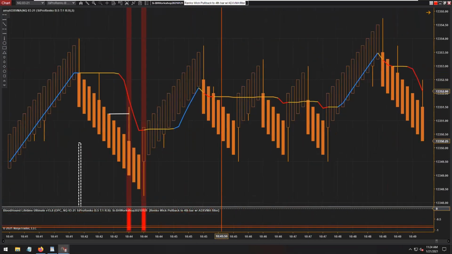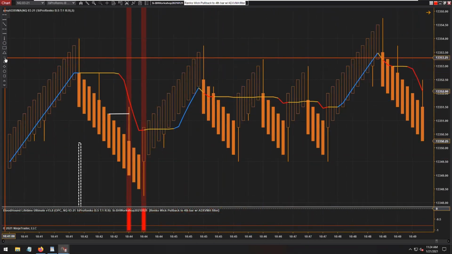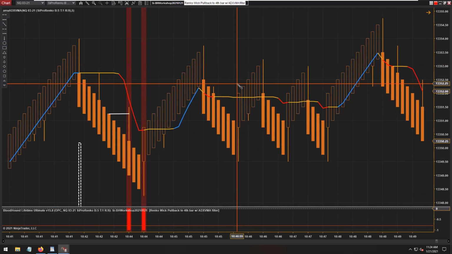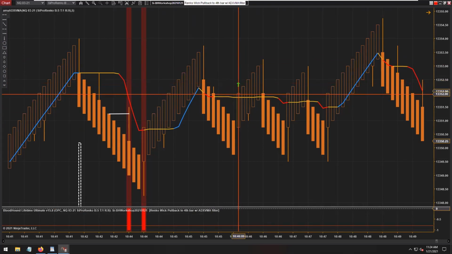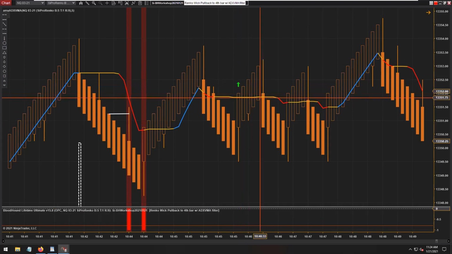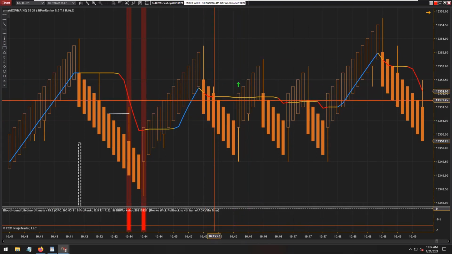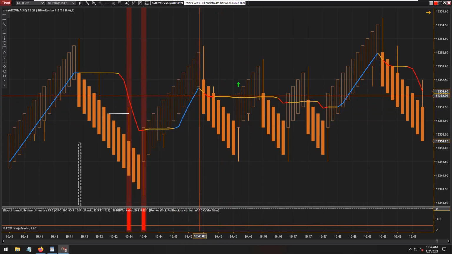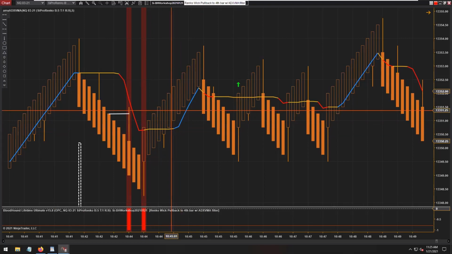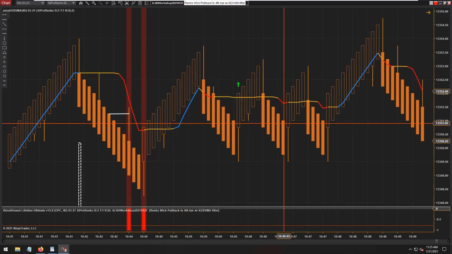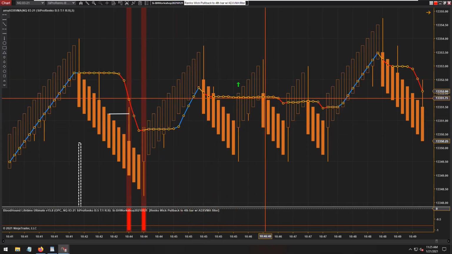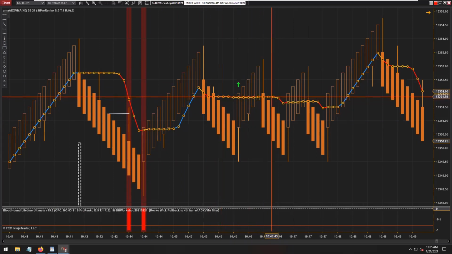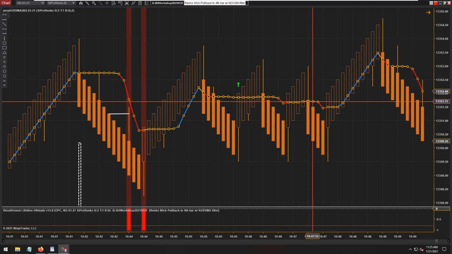So basically, this consolidation period. A lot of these reversal bars would normally generate a signal. If we look at these, we definitely have enough down bars in a row, but because price has started to consolidate here, the ADX VMA is in a flat state for long periods of time.